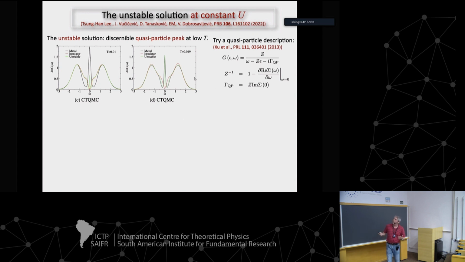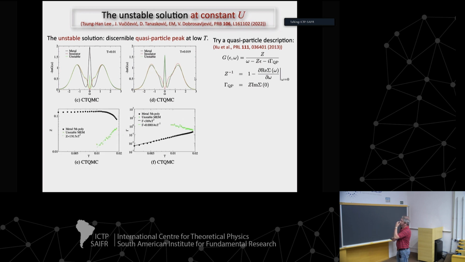So you can parameterize the peak with these two parameters and look at their behavior as a function of temperature as you decrease the temperature across the transition. For the metal, Z goes to a constant. This is a conventional metal. The scattering rate follows a T-squared law, as in a Fermi liquid.